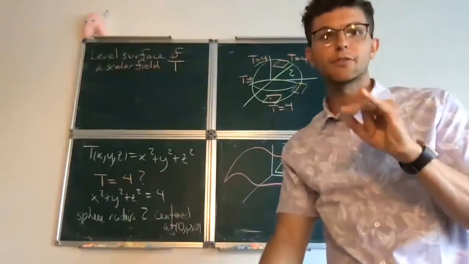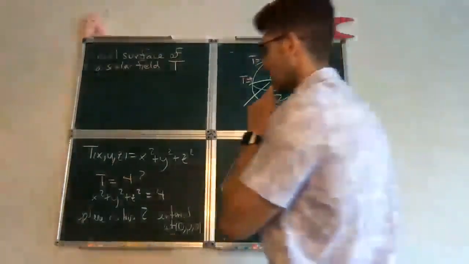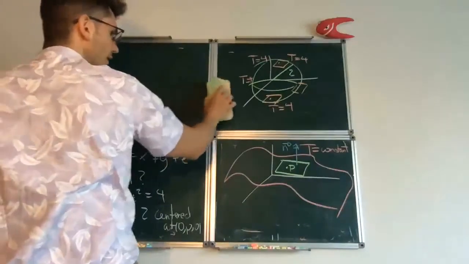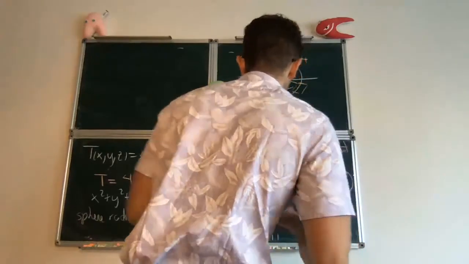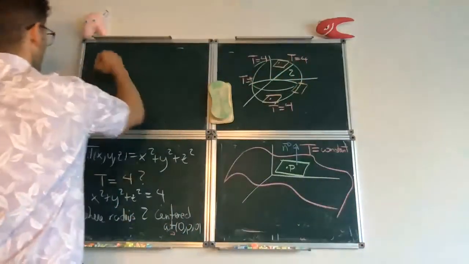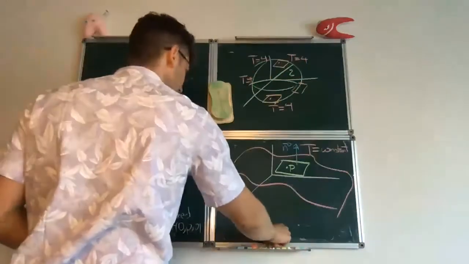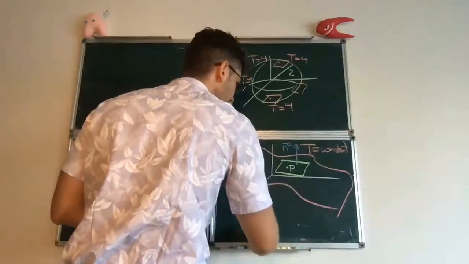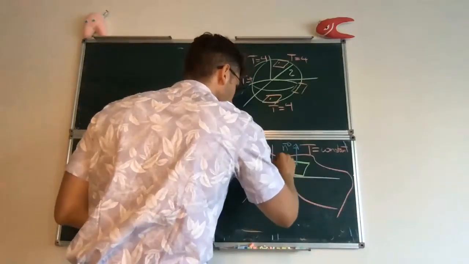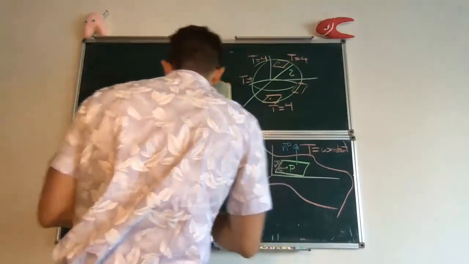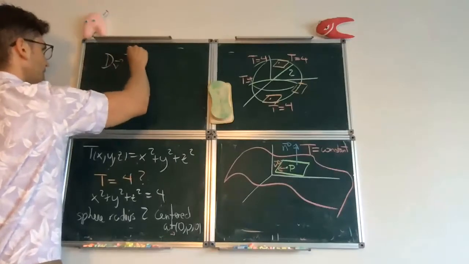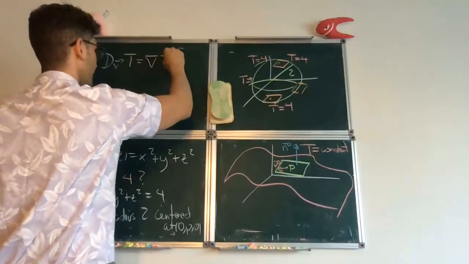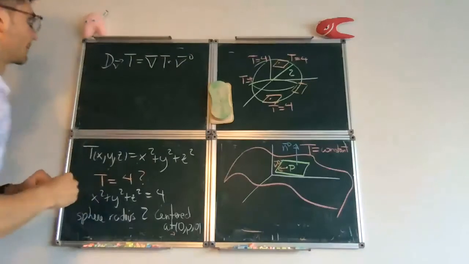Remember that once you know a point and the normal vector, you know the equation of a plane. And so the idea is to use exactly the same argument that we used before for the case of curves, namely, if you choose a vector which belongs to this plane, what would the directional derivative be in the direction of this vector? It would be the dot product of the gradient with the velocity vector, right?